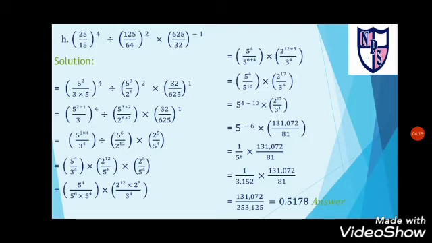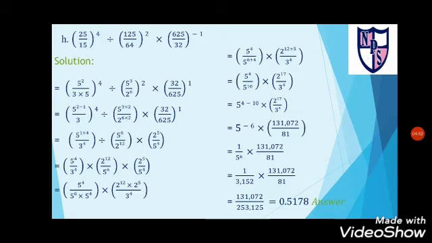We can't break 15 in power, so we write the factors of 15, that are 3 multiplied by 5. In the next fraction, 125 is equal to 5 power 3 and 64 is equal to 2 power 6. The whole power is 2.